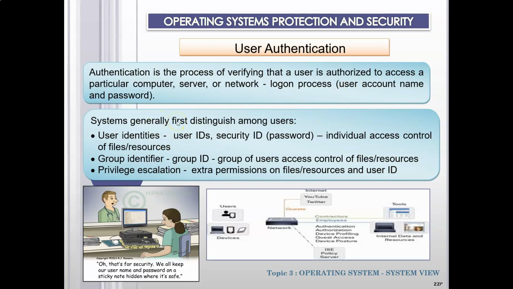The system generally first distinguishes among users by asking for user identities, for example user ID and password, for individual access control of files and resources, or the system can identify by group ID, for group access control of files and resources.